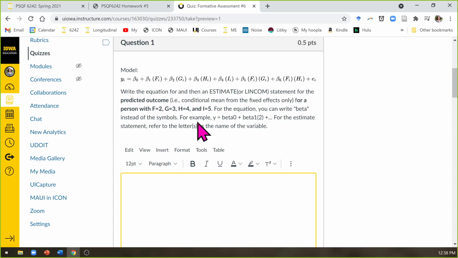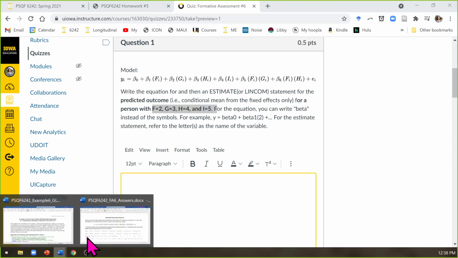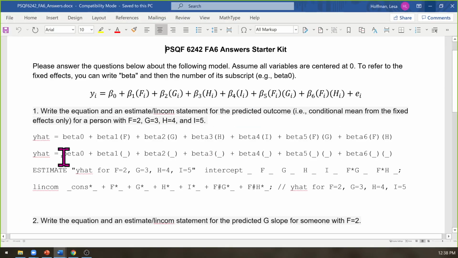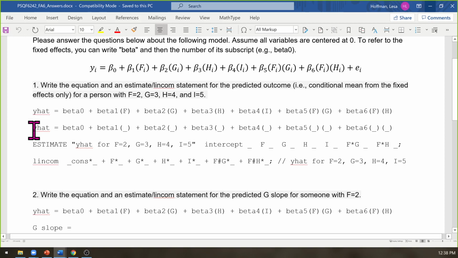So for instance here, the first one is asking for a predicted outcome for a case that has these values of the predictors. So you don't have to do centering on any of this. You can just plug the values in directly. So for instance, on the Word document that I had posted, the idea of how you would go about this process.